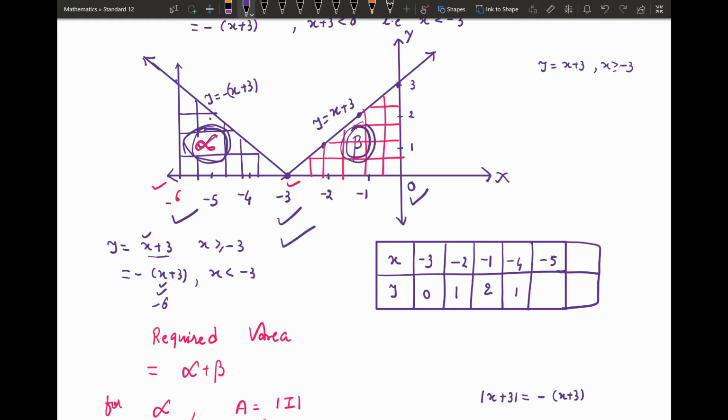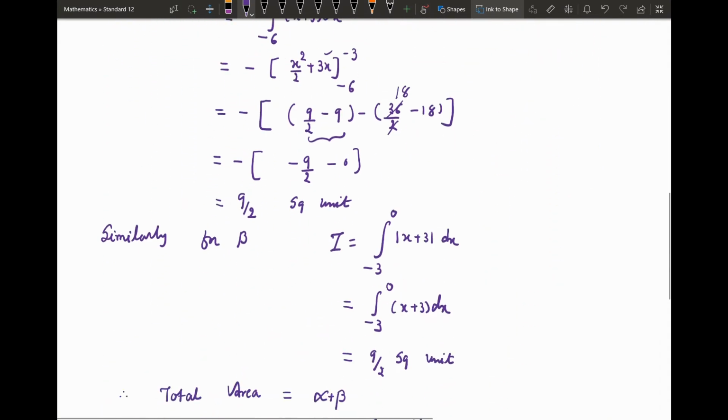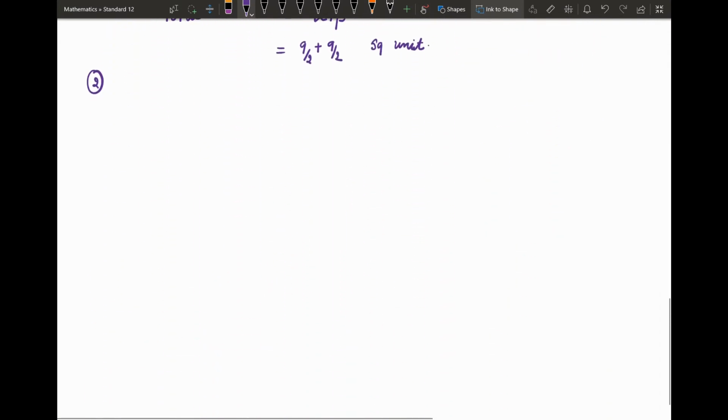In minus 6 to minus 3 the function is y equal to minus x plus 3, while in the limit minus 3 to 0 the function is y equal to x plus 3.